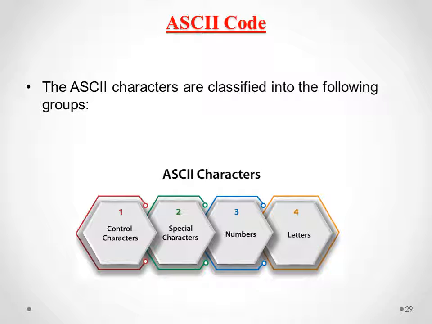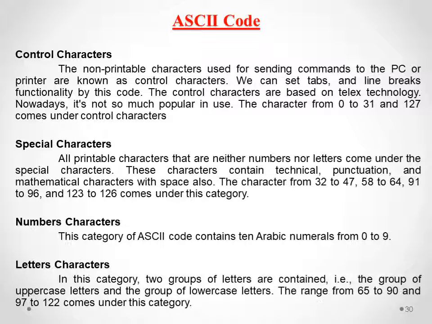The ASCII characters are classified into the following groups: control characters, special characters, numbers and letters. First, control characters. The control characters are non-printable characters, for example tab, line break, space. Then special characters.